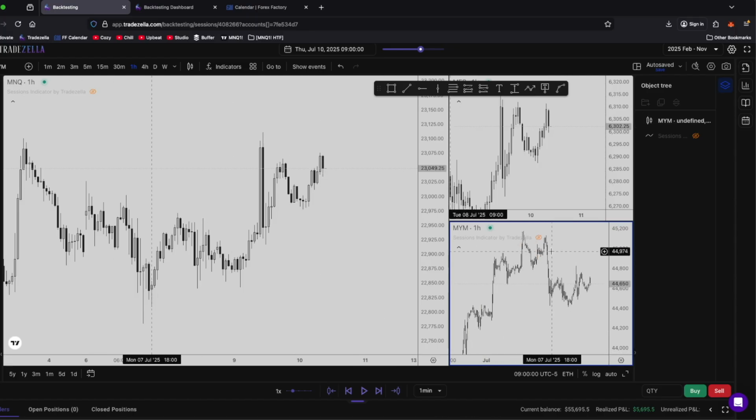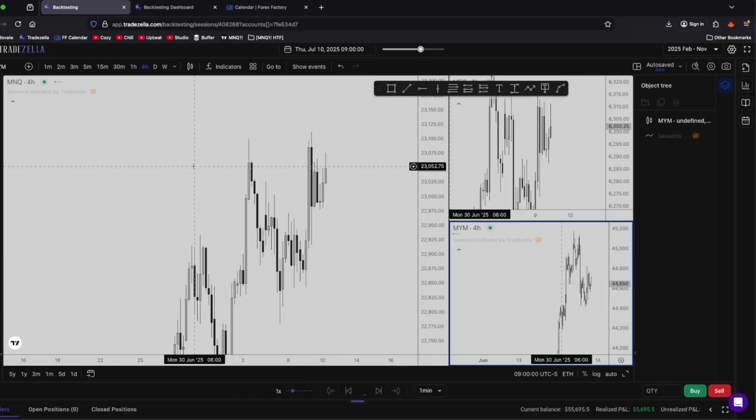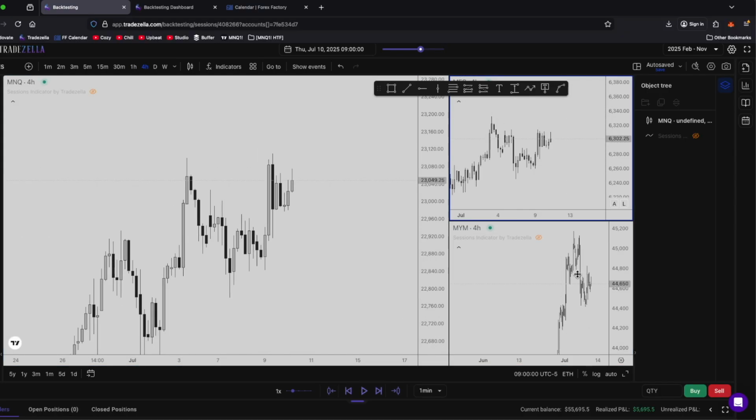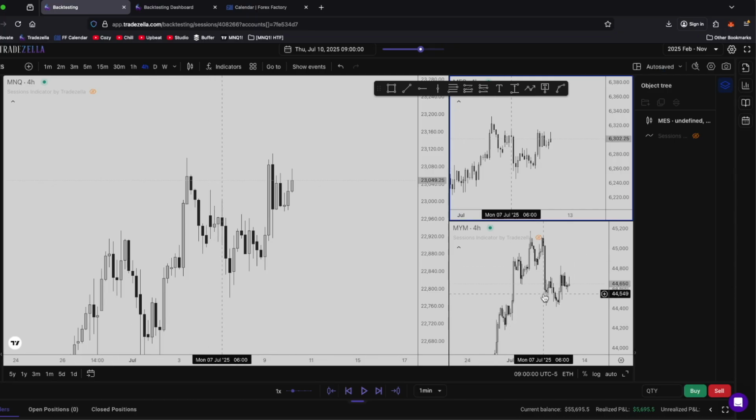So it looks like YM is not in sync with ES and NQ. We can see YM pushing bearishly, created a change in state of delivery on the 4-hour and is respecting it so far.